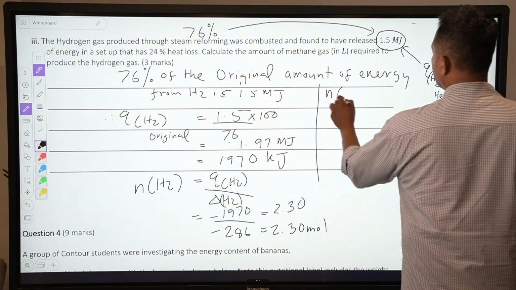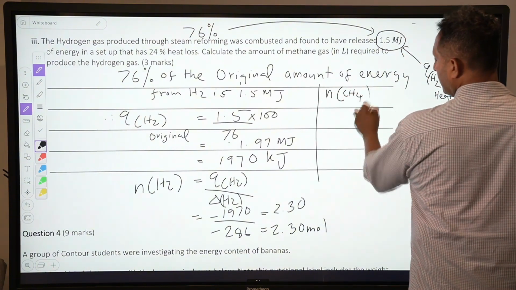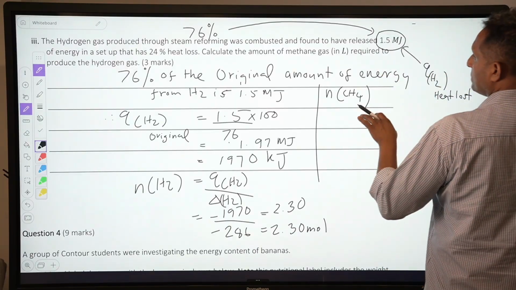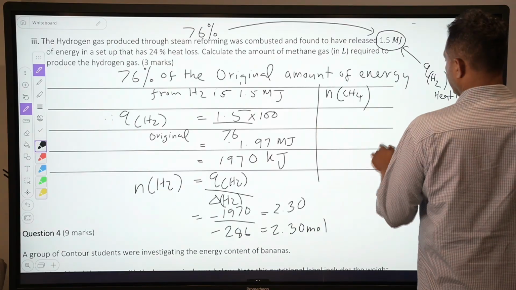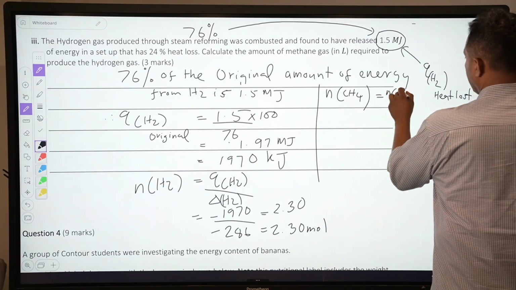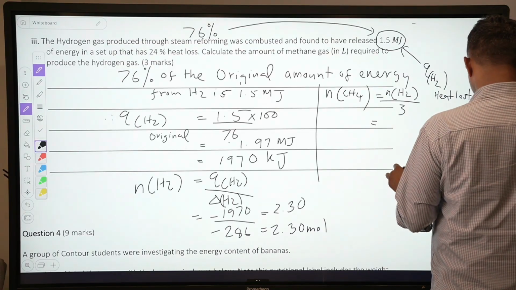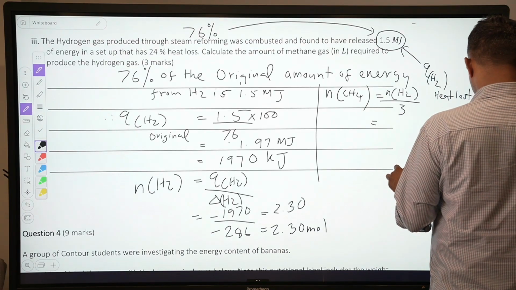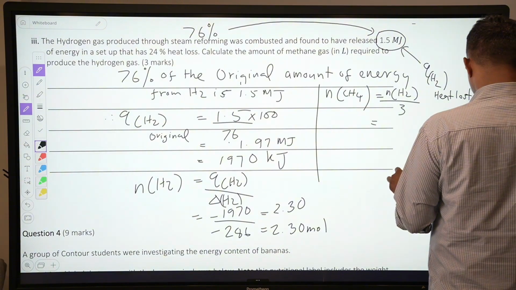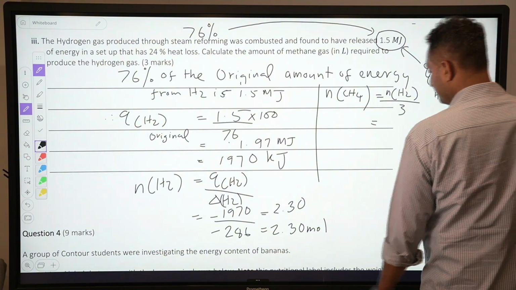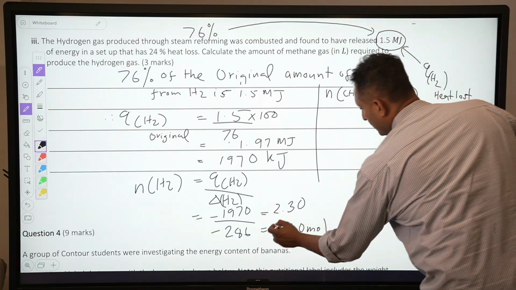Therefore, number of moles of methane, you divide it by 3, but the ratio is what? 1 to 3. Number of moles of hydrogen divided by 3, which is going to be, no, I made a mistake there, didn't I? This is wrong.